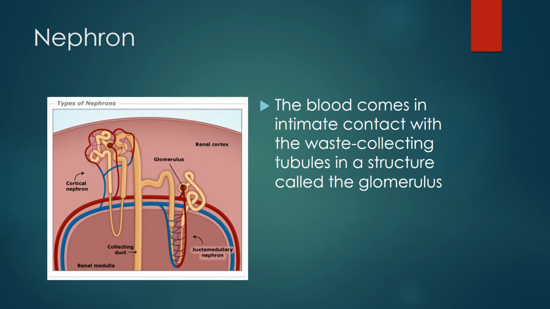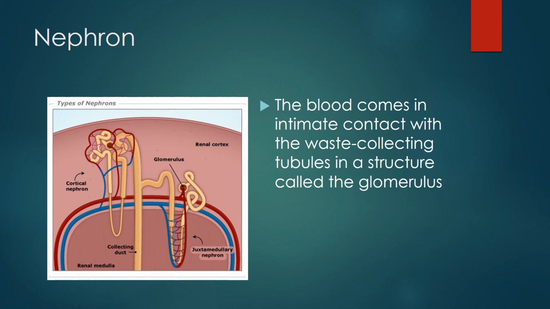Water and many solutes present in the blood, including ions of sodium, calcium, magnesium, and others, as well as wastes and valuable substances such as amino acids, glucose, and vitamins, leave the blood and enter the tubule system of the nephron. As materials pass through the tubule, much of the water, required ions, and useful compounds are reabsorbed back into the capillaries that surround the tubules, leaving the wastes behind.